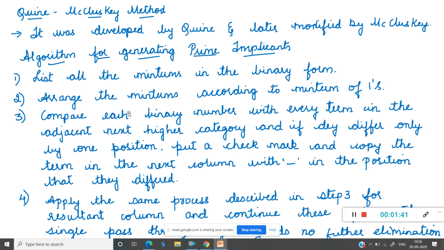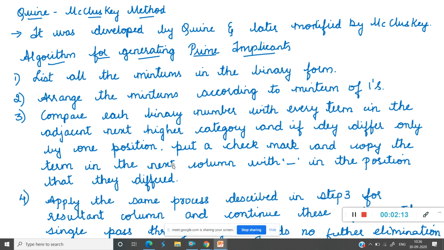Next, compare each binary number with every term in the adjacent higher category, and if they differ in only one position, then only can you compare them.